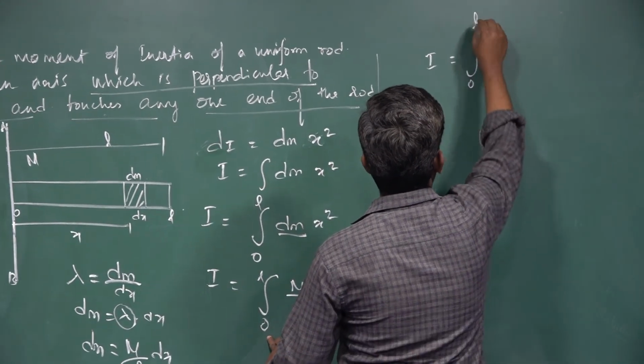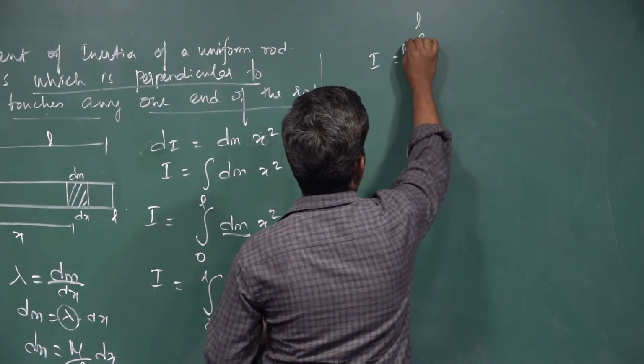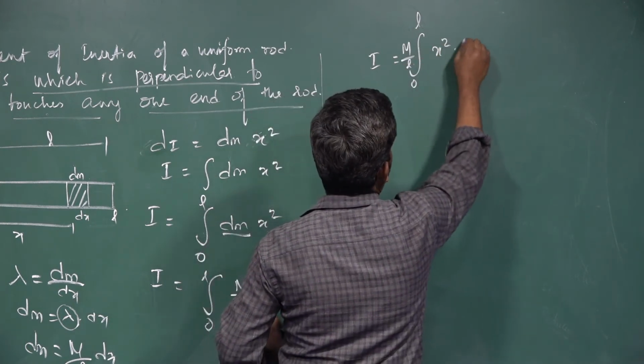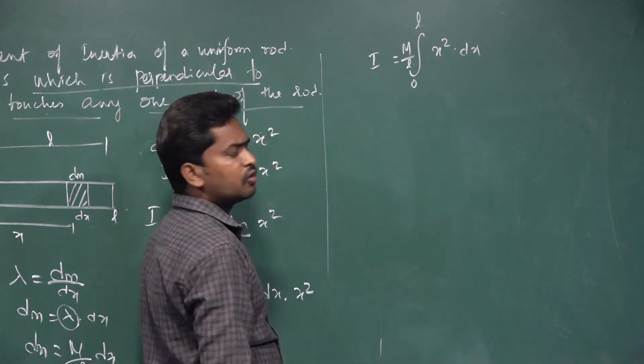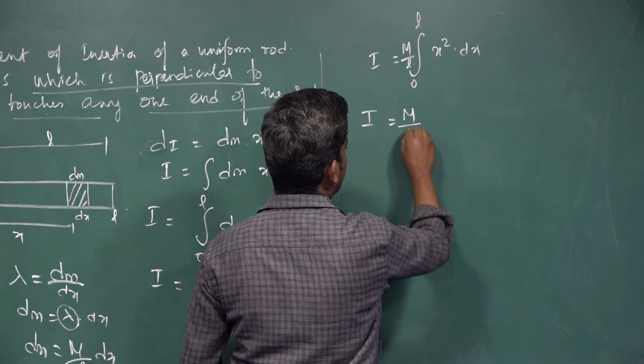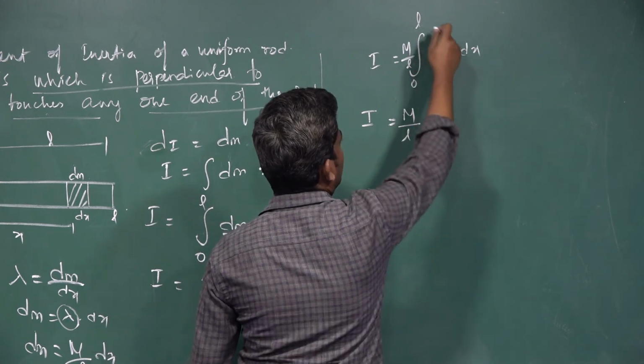The mass m divided by L we take outside the integral, leaving x square dx. So I is equal to m divided by L, integral from 0 to L of x square dx.